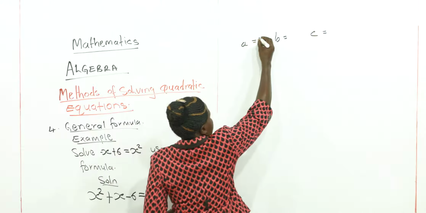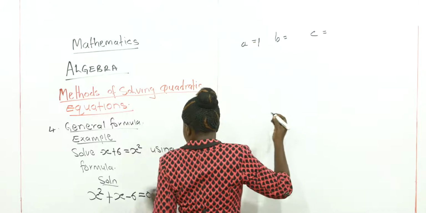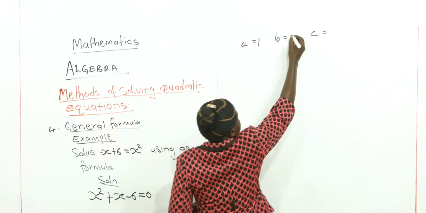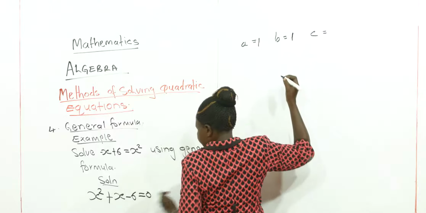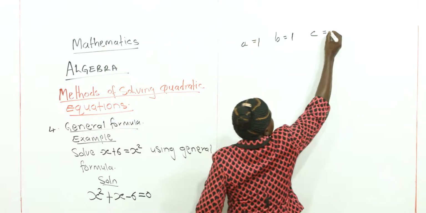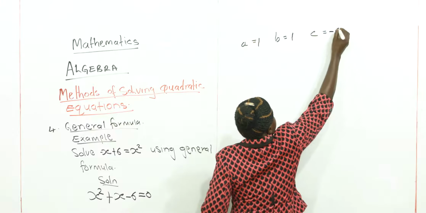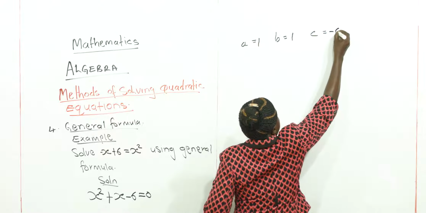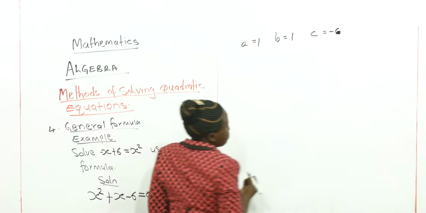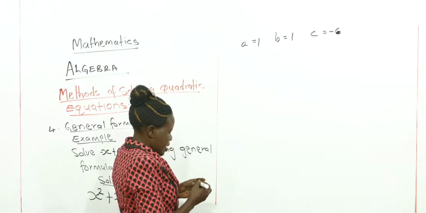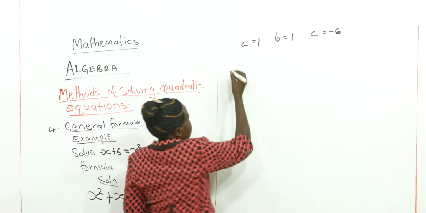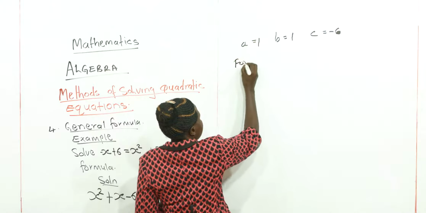So A equals 1, and then B is positive 1, and then C is negative 6. Now after you have identified the values of your letters, you can now state the formula.